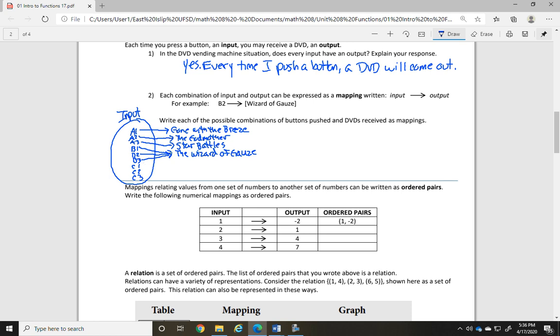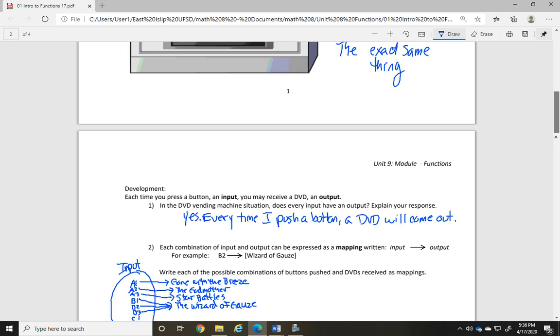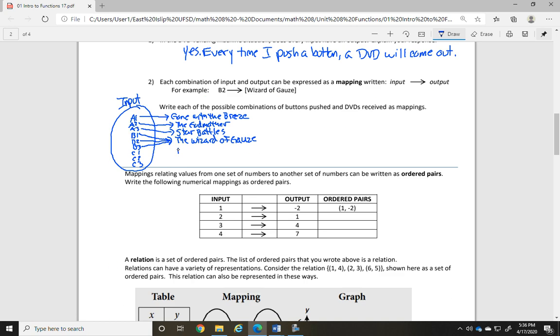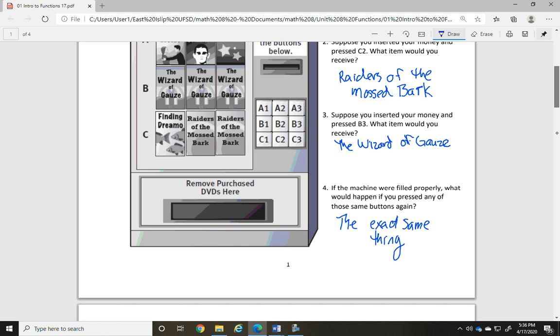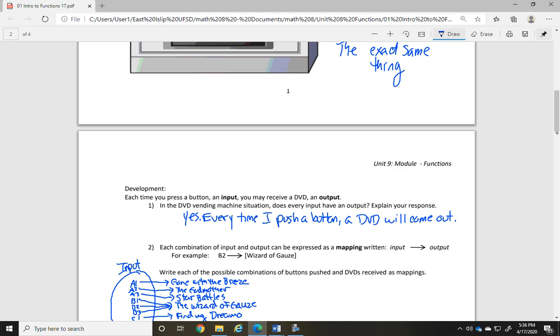It just so happens that all three of these arrows are pointing to the same place. C1 goes to Finding Dreamo. C2 and C3 both go to Raiders of the Lost Ark.